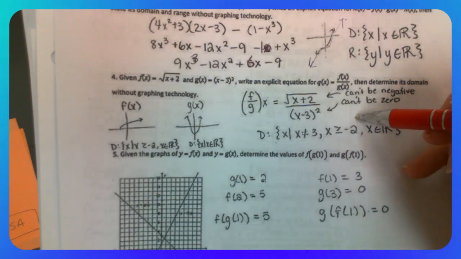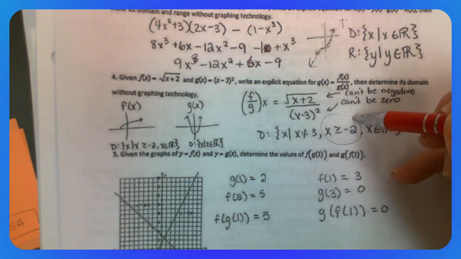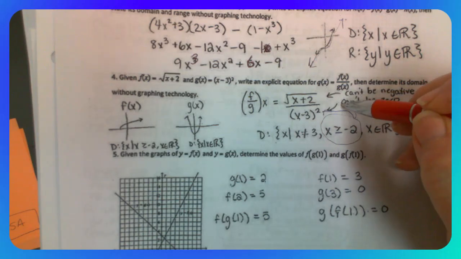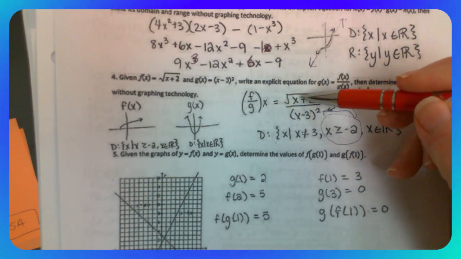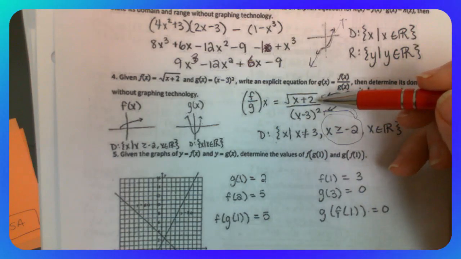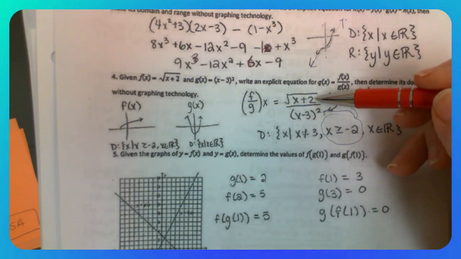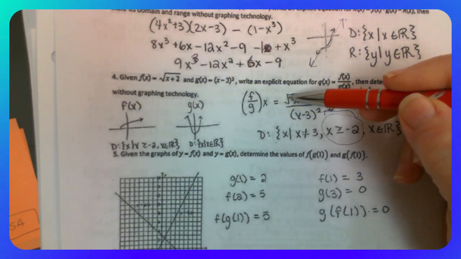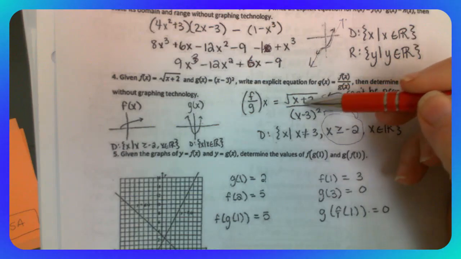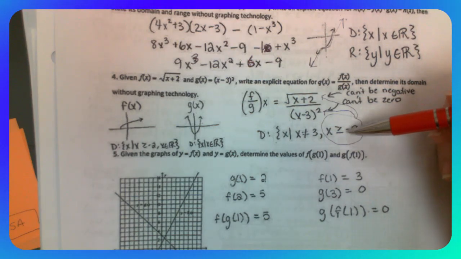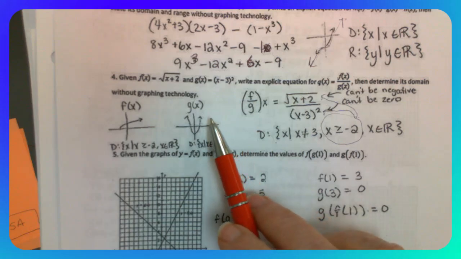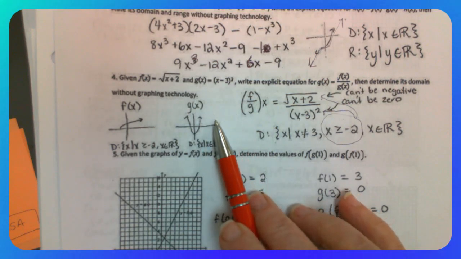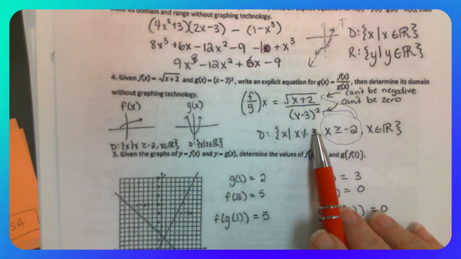We have a restriction here, not because we have anything in the denominator, but in the numerator, we can't graph negative or imaginary numbers. All right, so this can be 0 or greater. So if this is -2, we have a 0. So x is greater than or equal to -2. And again, you'll have your graphing calculator throughout the test, so you can check your answers as you go.